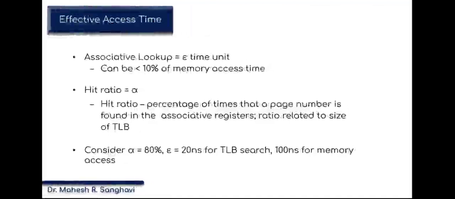And when we are talking about hit ratio, suppose that is alpha, then hit ratio means the percentage of time that a page number is found in the associative register, that is, the page number which is identified in the TLB. And 80% of the time, if the page is not available in the TLB, in that case we have to search for it in the page table.